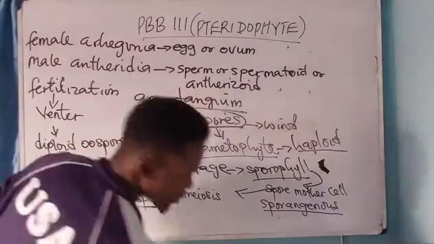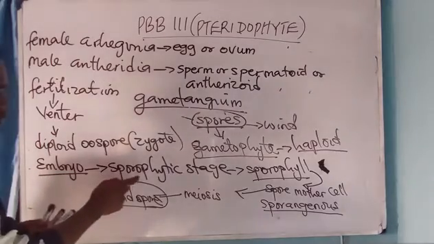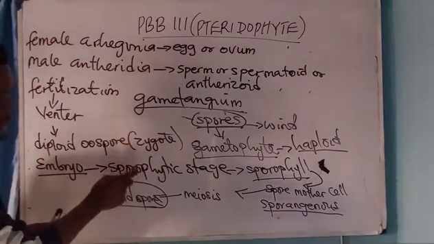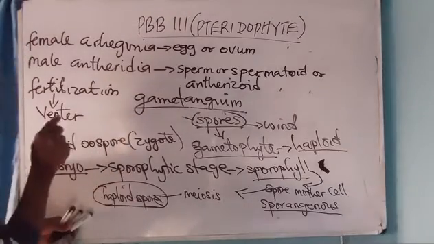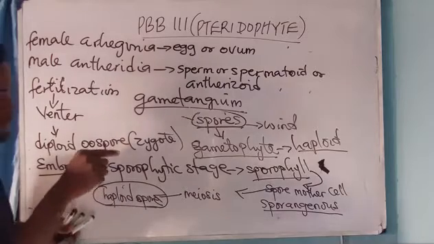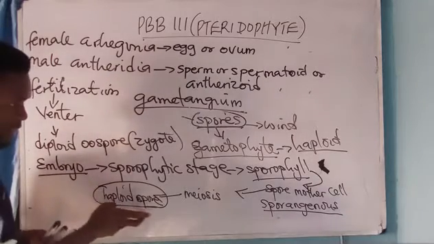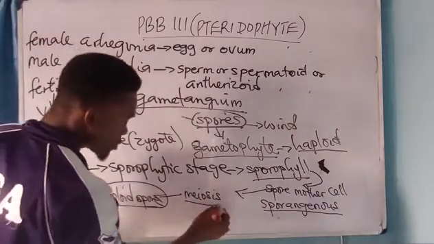And I think that is for that. What are the species of these pteridophytes? Please take note. The sporophytic stage is always diploid. The sporophytic stage is always what? Diploid. The sporangia is always what? Diploid. But the gametophyte stage is always what? Haploid, okay? The sporophytic stage undergoes what? Meiosis, right?